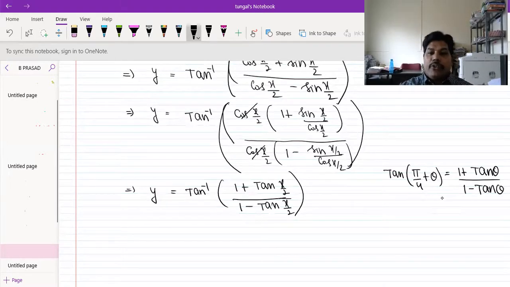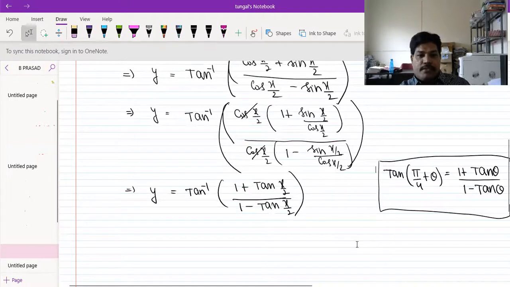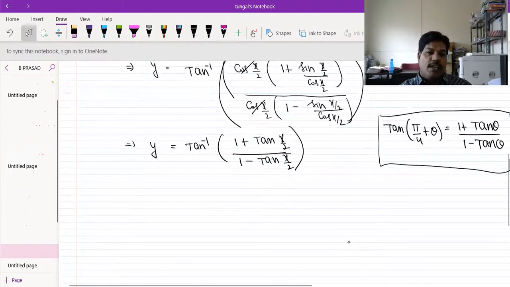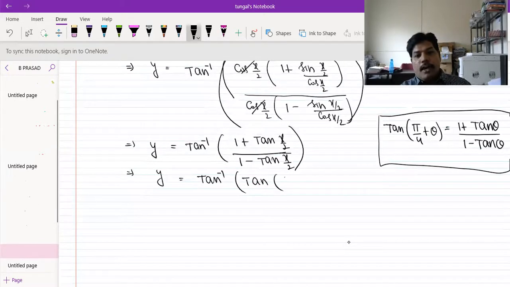So here you can apply this formula: tan of (pi by 4 plus theta) is equal to that. So y is equal to tan inverse of tan of (pi by 4 plus x by 2).